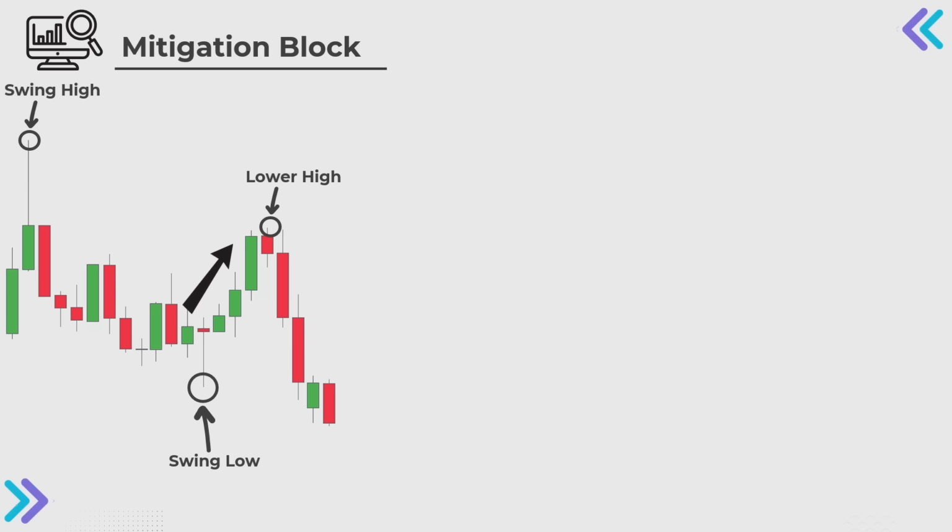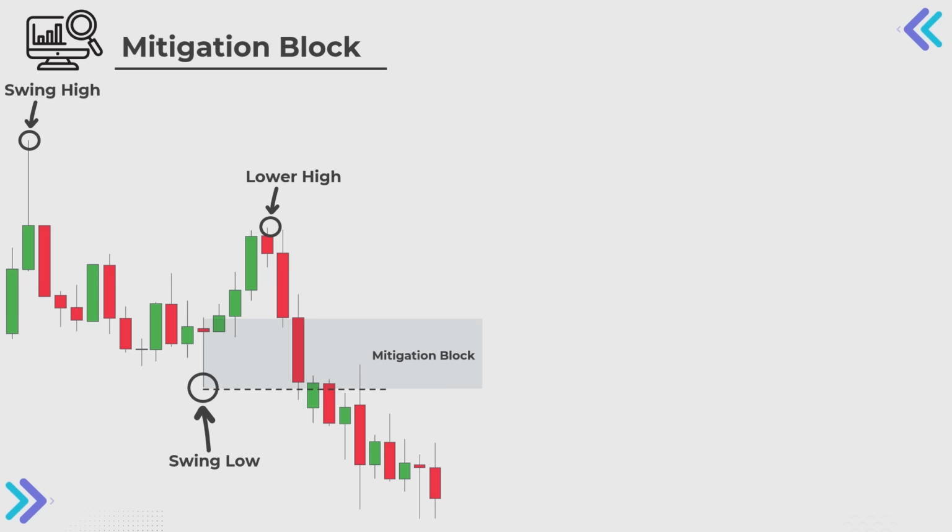What we need to see next is an immediate reversal, followed by a market structure shift that breaks and closes below the latest swing low. At this point, the last selling candles formed before the bullish expansion represent the bearish mitigation block. Eventually, we see the price tap into the mitigation block again, adding even more orders into the market, and then the price moves lower with strong momentum.